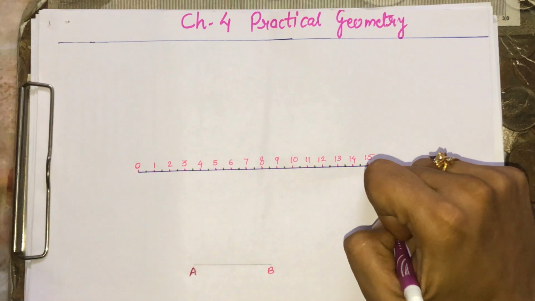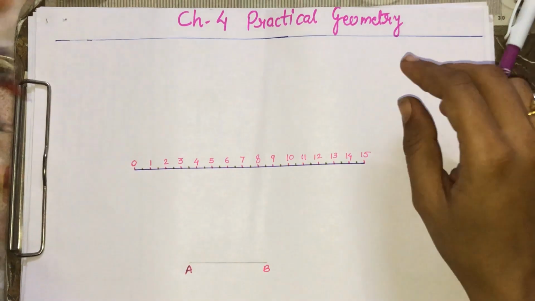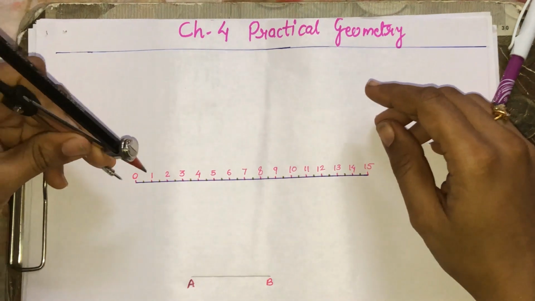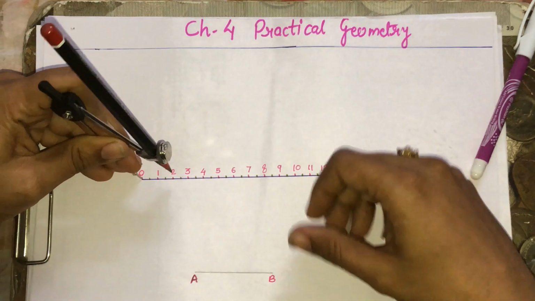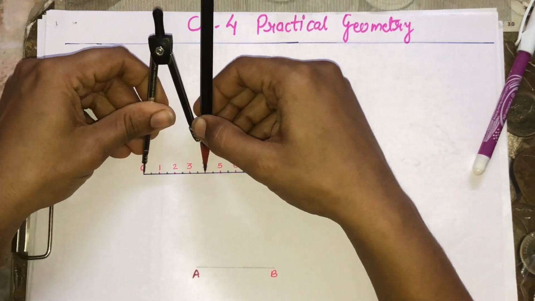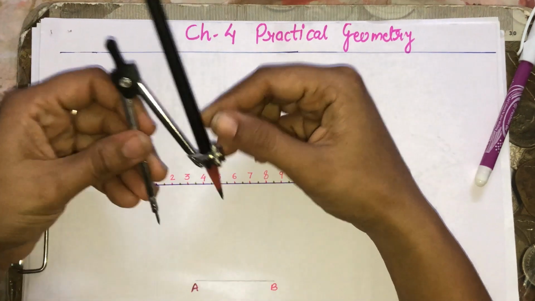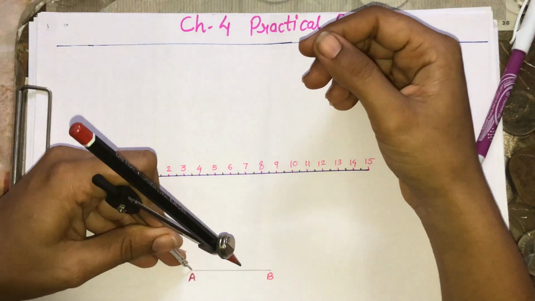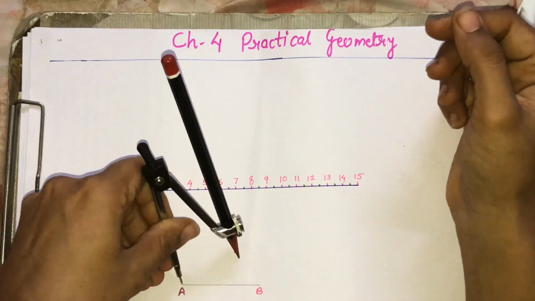Suppose I have to take the radius of 4 centimeter, then I'll use this virtual scale. I'll put one point over here and I'll measure 4 centimeter like this, and I'll get a radius of 4 centimeter, and then I will use this measurement to draw the arc.